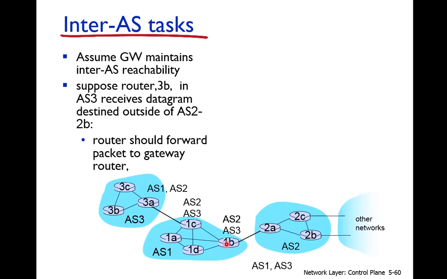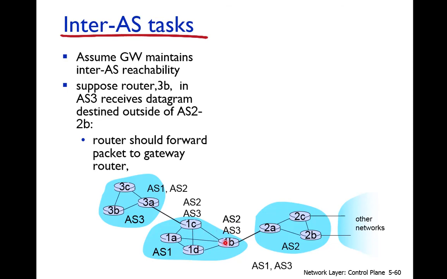Okay, so therefore we also assume that when the gateway receives the inter-autonomous system routing information, the gateway advertises this inter-autonomous system reachability information to all the nodes in the autonomous system by using intra-autonomous system routing, because this 1B is already communicating with these routers for intra-autonomous system routing.